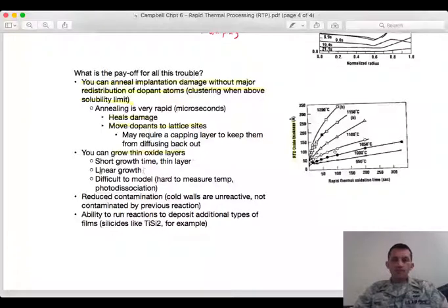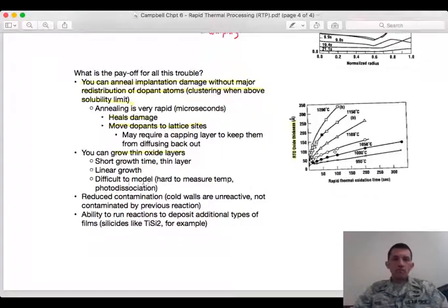Remember, if we think back to the Deal-Grove model, these initial growth stages are all in the linear regime. So if we look at all of these curves, they haven't yet rolled over and reached their limit, where we have a parabolic regime, where these are all initial thin layers that are growing.